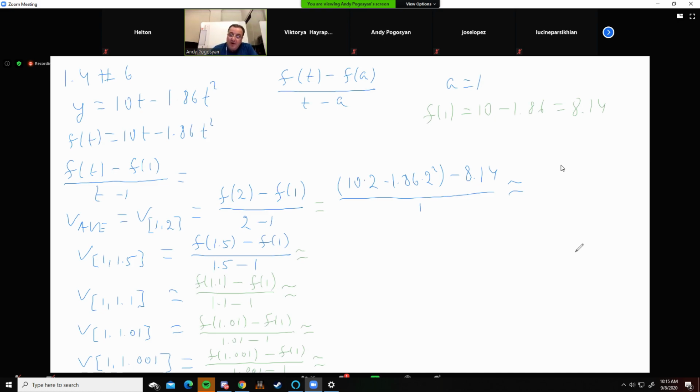Now use your calculator to find the value. Keep 2 decimal places.